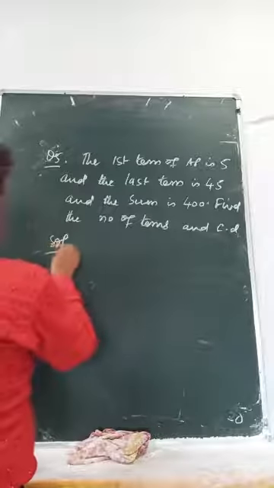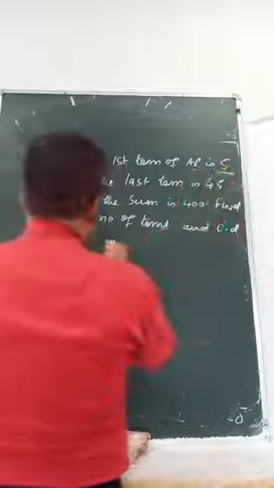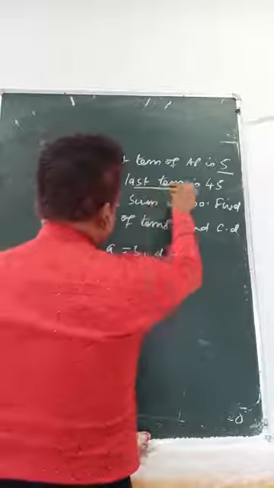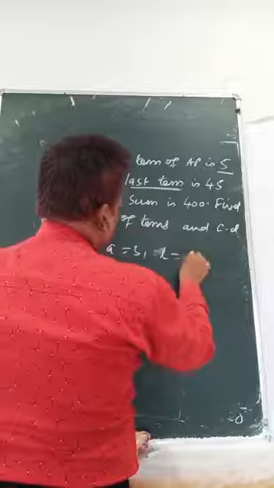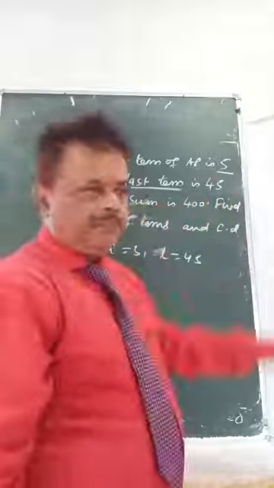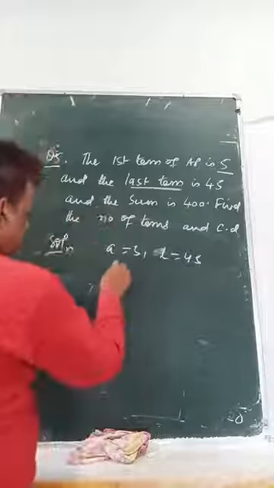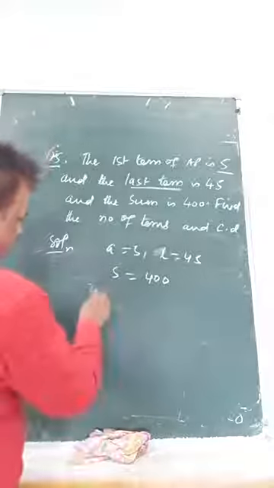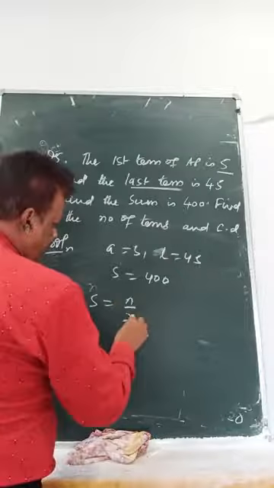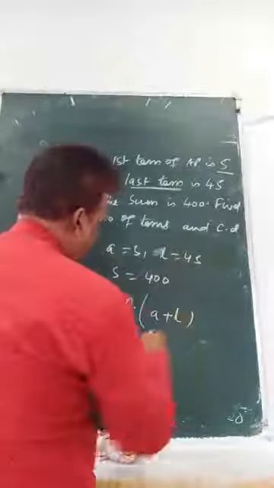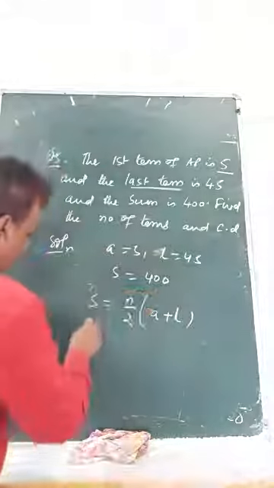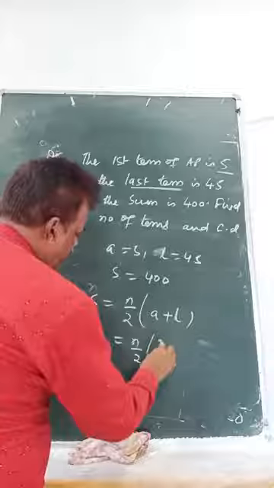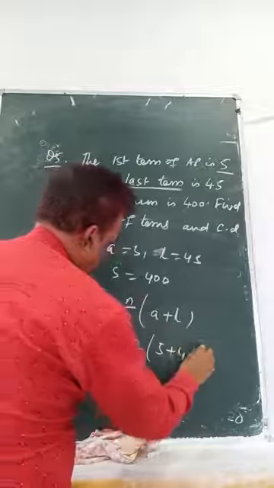Solution. First term is 5, a equals 5. Last term means l, l is 45. Sum is 400, S is equal to 400. So we will use which formula of sum? n by 2 into a plus l. Put the values. 400 equals n by 2 into 5 plus 45.